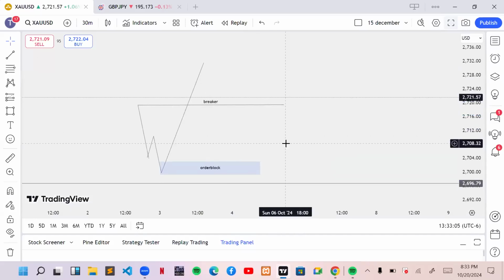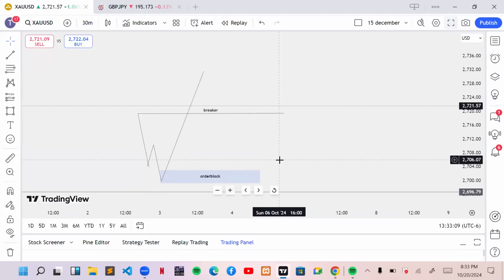Now, knowing when to use a breaker block or when to use the other block, you use a breaker block when the first pullback that market makes did not mitigate that breaker block. I don't know if you understand what I mean.